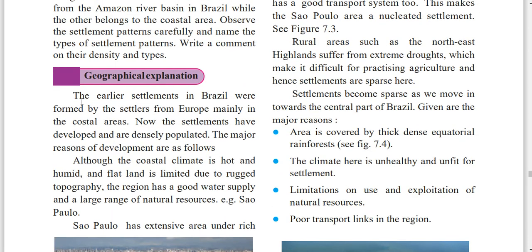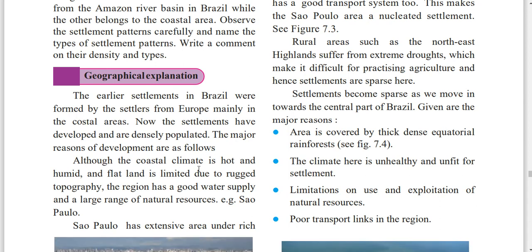Geographical explanation. The earlier settlements in Brazil were formed by the settlers from Europe, mainly in the coastal areas. Now the settlements have developed and are densely populated. The major reasons of development are as follows.